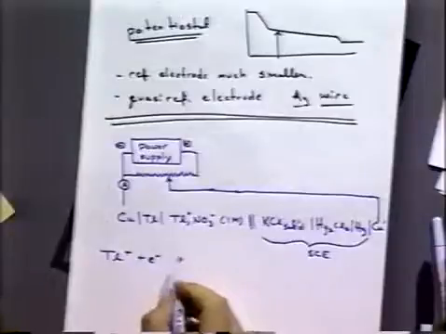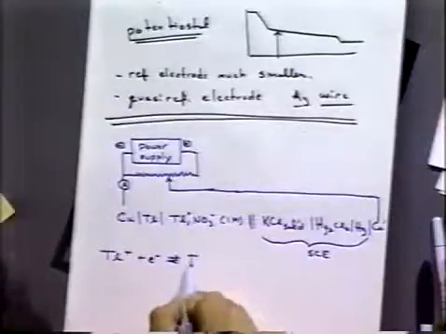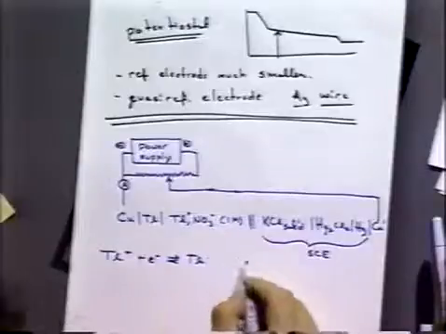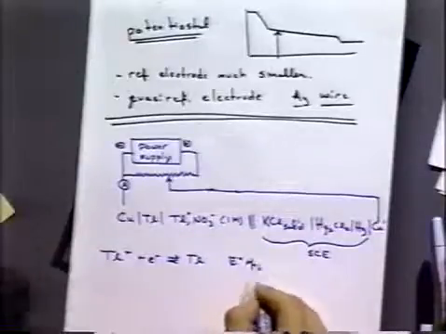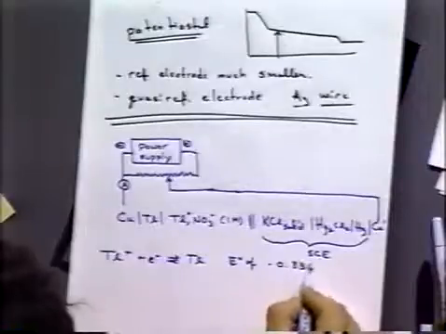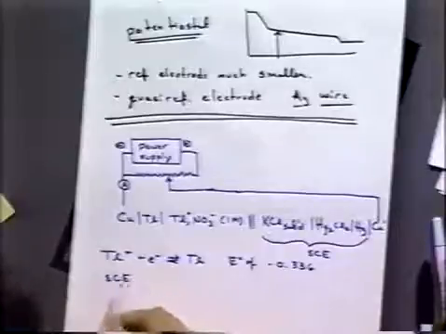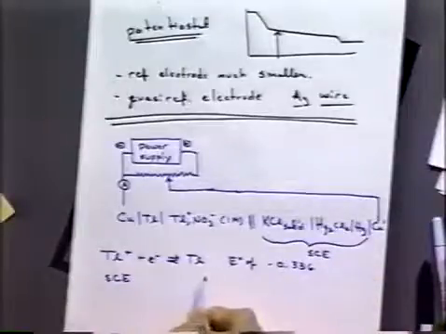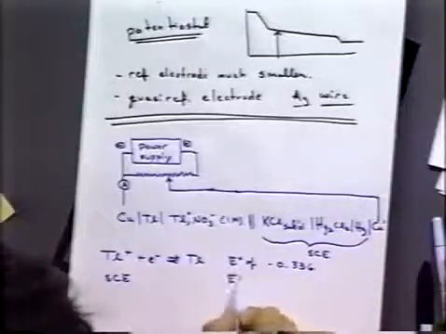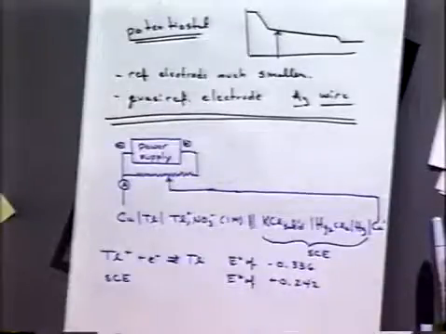And we see that the reduction of thallium to thallium metal has an E0 of minus 0.336, and the SCE would have an E0 of plus 0.242 volts.